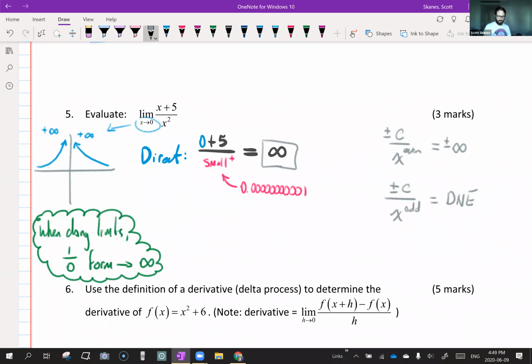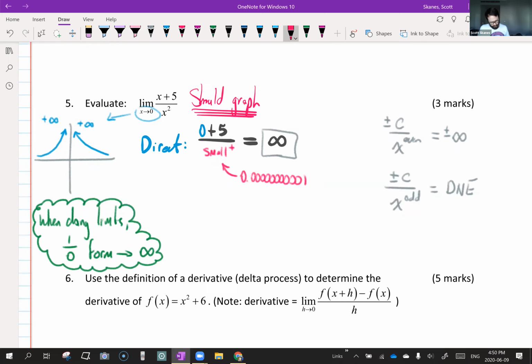So lots to think about, but long story short, if there's an x on the bottom, it's probably going to infinity if the x is going to 0. That's a tricky question in a little package. Let me summarize it. Please graph. If you graph it, you'll see that it goes to infinity at 0.